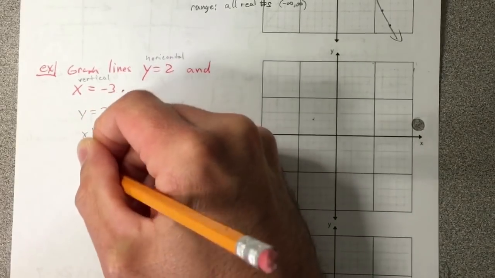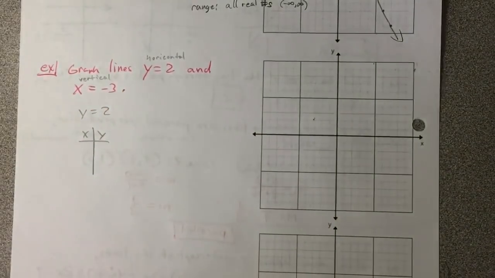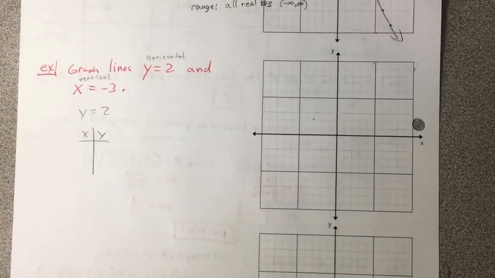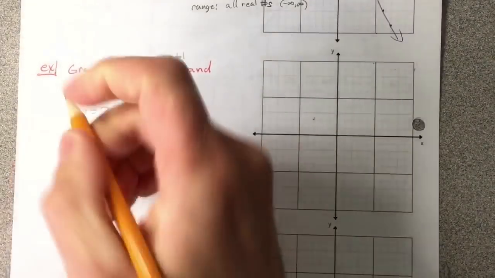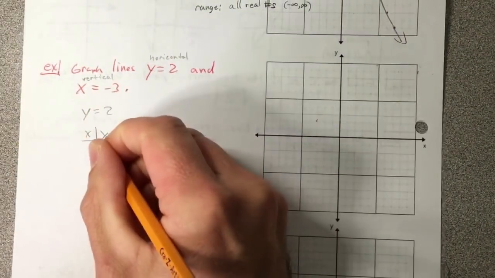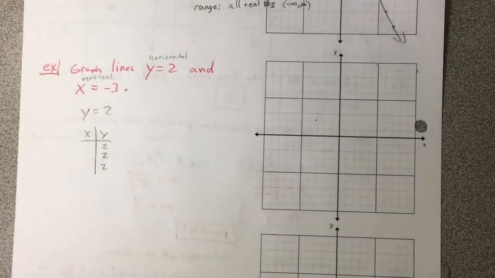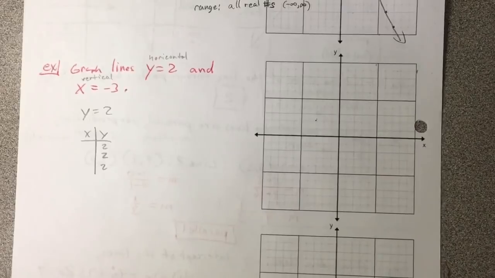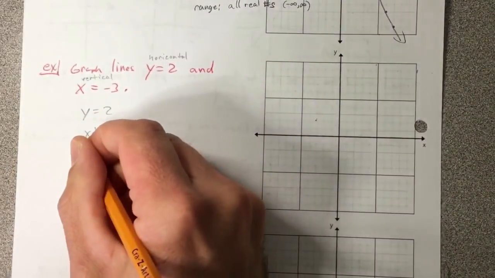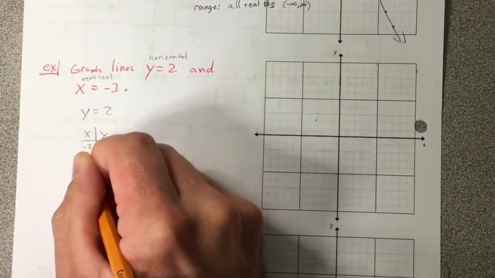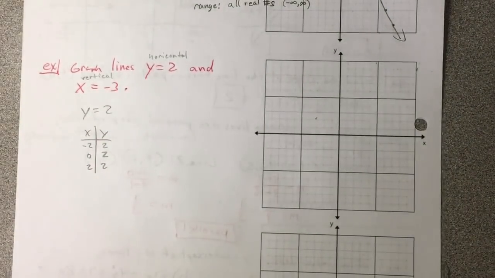If you were to make a table of values to help you graph y equals 2, you would notice y is always 2. And since there's no x, x can be anything it wants to be. X could be -2, 0, 2. It doesn't matter.